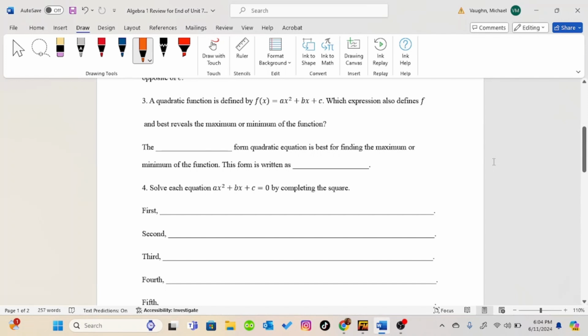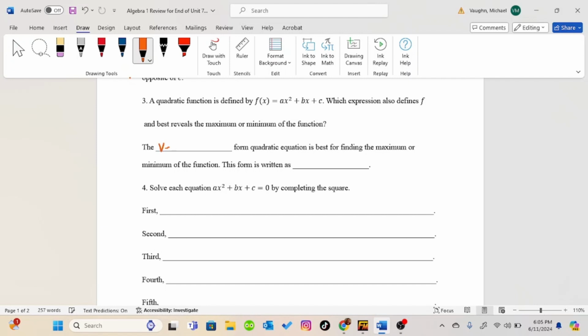Number 3, a quadratic function is defined by f of x equals ax squared plus bx plus c. Which expression also defines f and best reveals the maximum or minimum of the function?